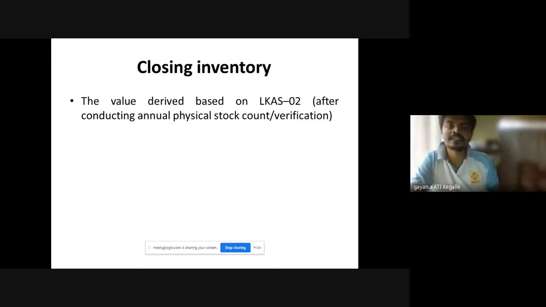In this case, the related standard is LKAS 2, Lankan Standard 2. According to the instructions provided through LKAS 2, we need to value the stocks. I will come to LKAS 2 in the next slide.